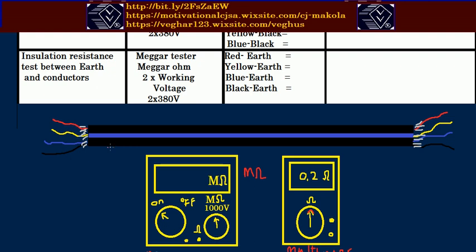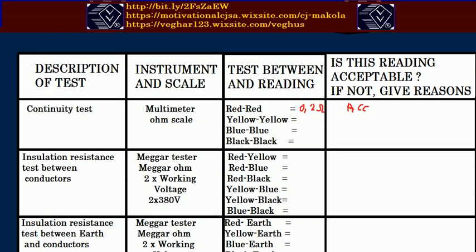Then we take the same lead and bridge, which means we are testing yellow. We do the same thing here. Then we test, and when we find that it's 0,2, we put 0,2.